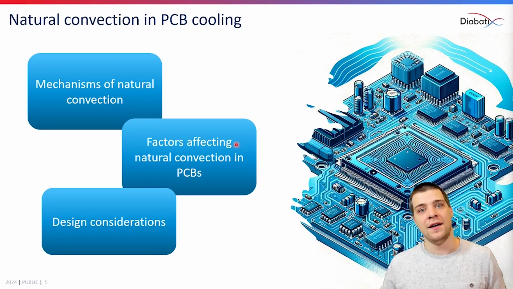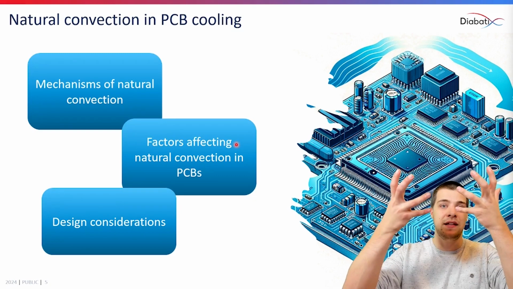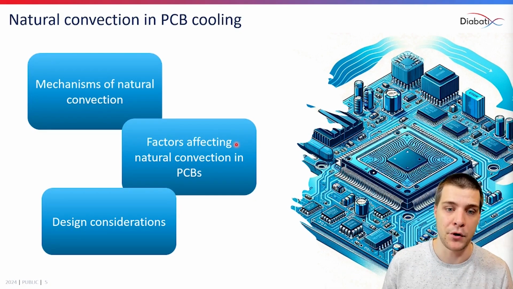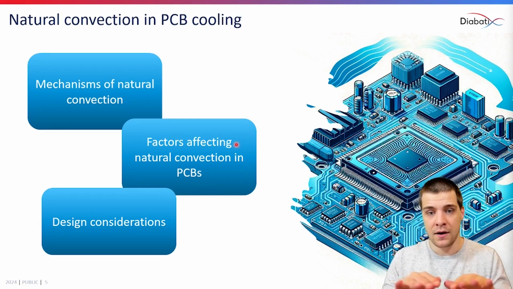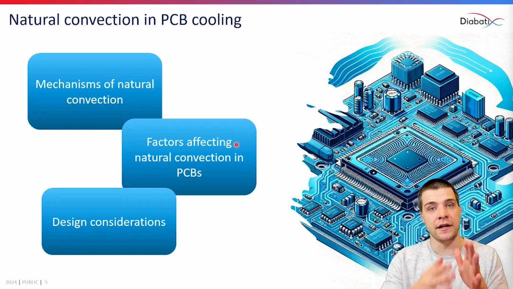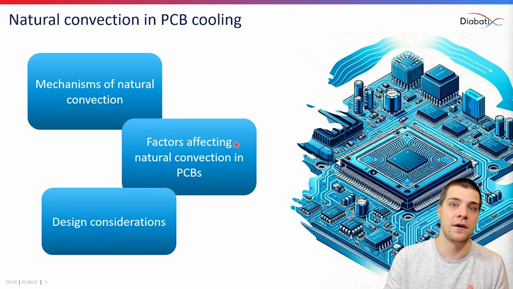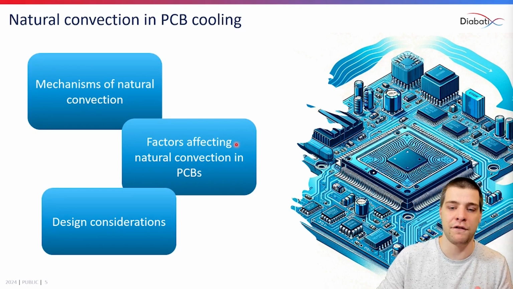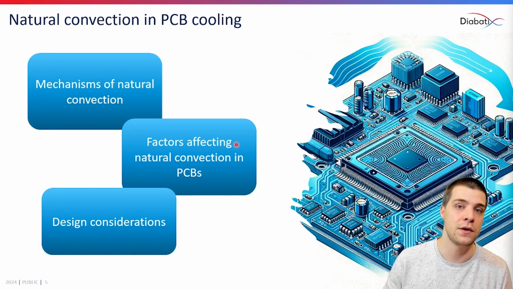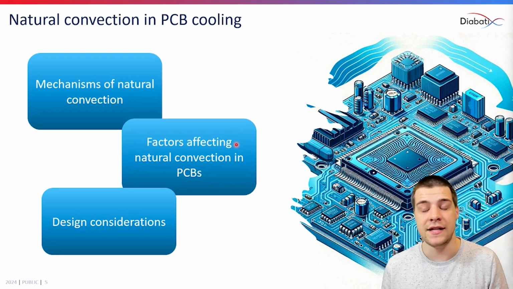As you all know, the warmer the air gets, the higher it rises due to something called buoyancy. So ideally, your PCB is not placed horizontal, but placed vertically. You have a much smaller area blocking the flow, making it easier for the air to convect the heat away.